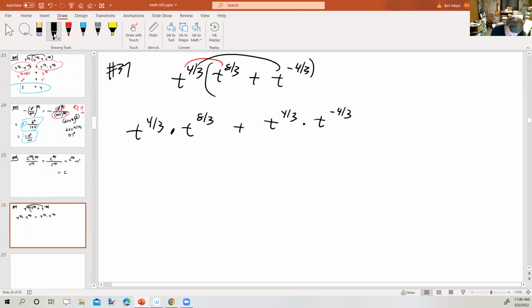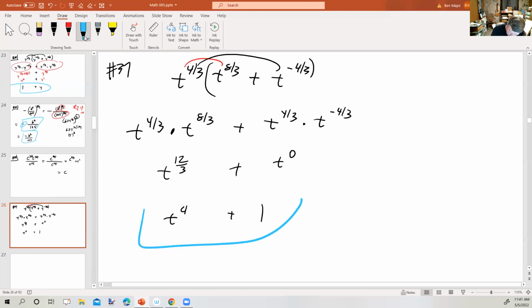T to the 4/3 times t to the 8/3 would be t to the 12/3, which is t to the 4th. T to the 4/3 times t to the negative 4/3 would be t to the 0 power, which is 1. So your final answer, t to the 4th plus 1. Let's see, number 40.